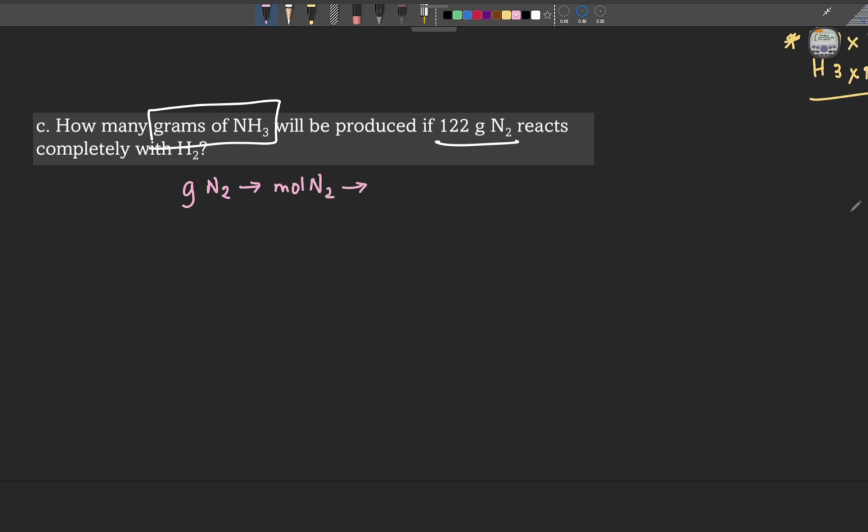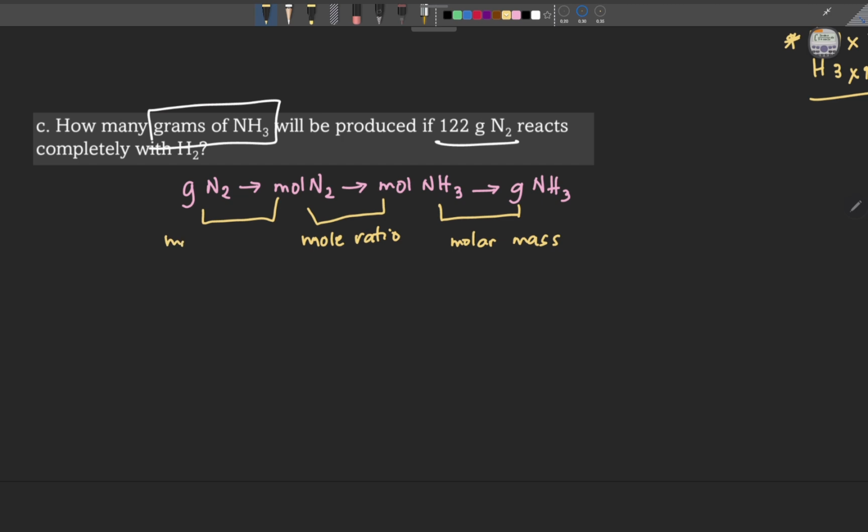Then from mole of N2, you'll convert that to mole of NH3 so that you can convert that to gram of NH3. In this case, you'll be needing the molar mass. This is mole ratio or molar ratio. And this is also molar mass.